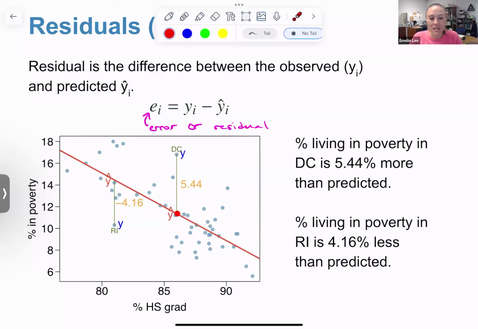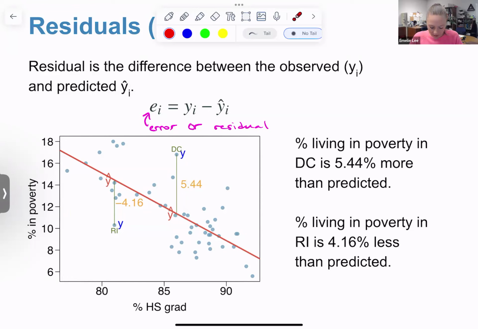And at that same value of x, we can predict the value of y, and we get, it looks like 11.5, let's say.